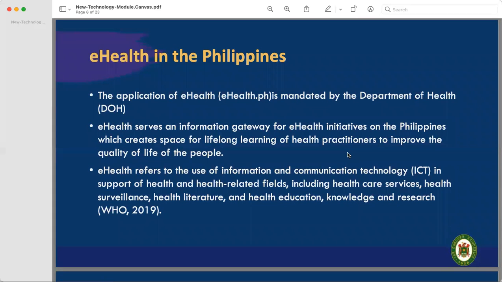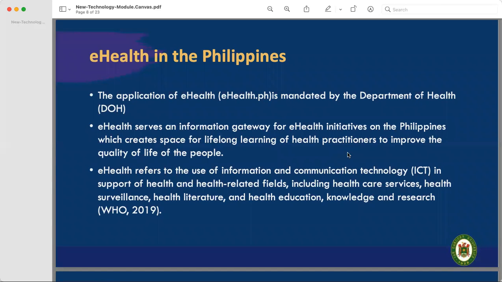Also, e-health refers to the use of information and communication technology in support of health and health-related fields, including healthcare services, health surveillance, health literature, and health education, as well as knowledge and research. So the application of technology in healthcare is too wide.